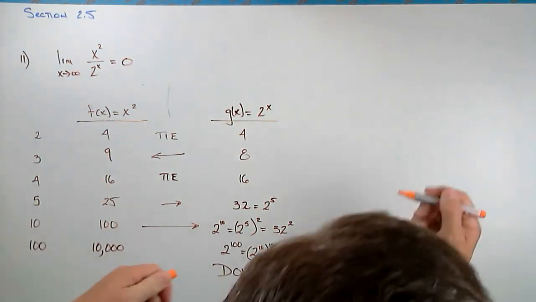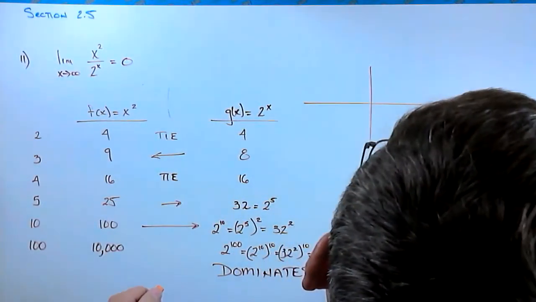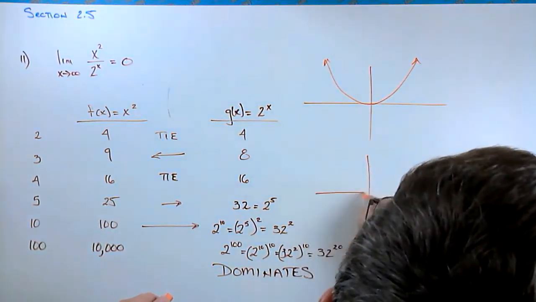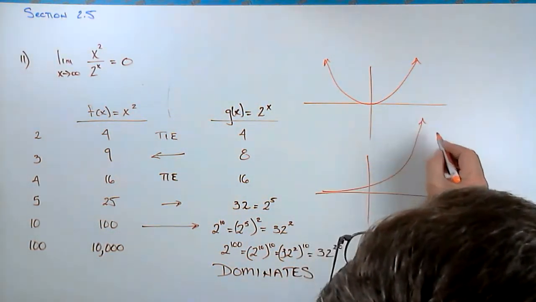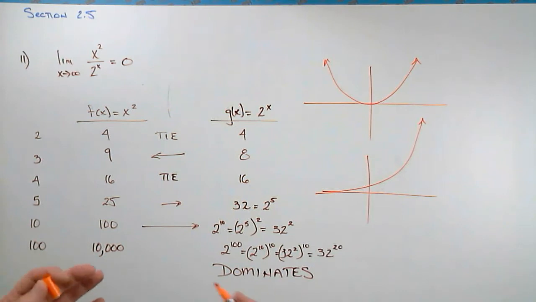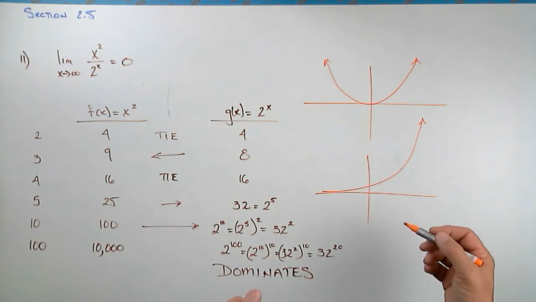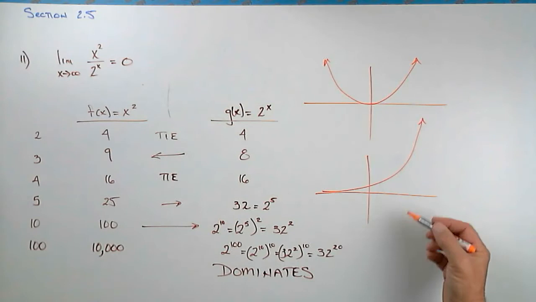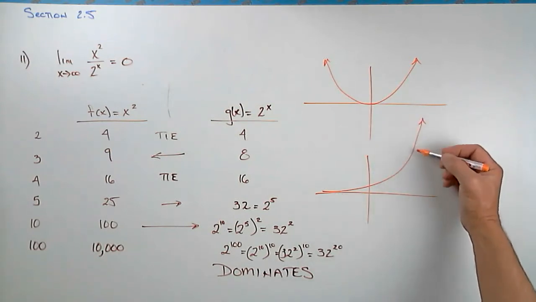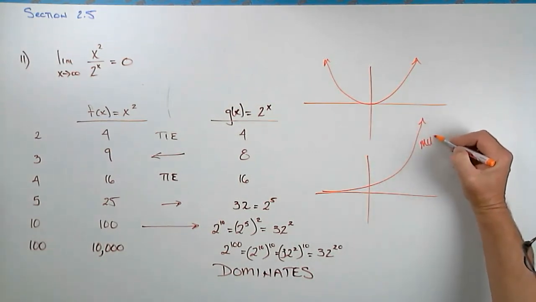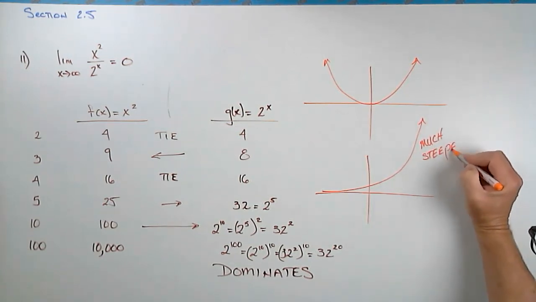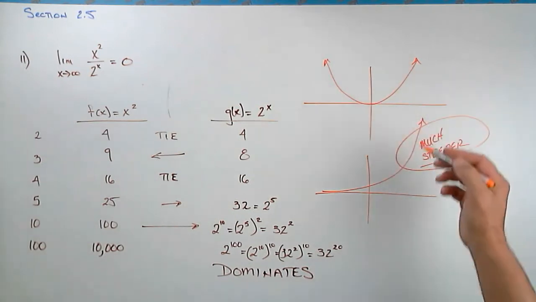If you think about the two functions, if we just draw them sloppily, a lot of us go, well, this is a parabola, here it is, and this is 2 to the x, and it goes like this. Well, okay, that's the rough sketch of both of those. But in reality, as we just saw, this graph goes much steeper than this graph.